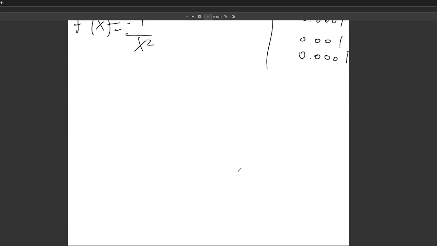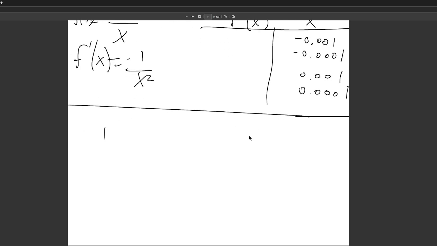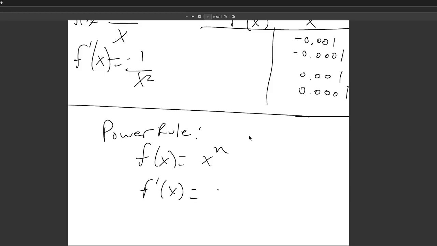Now I'm going to teach you the first shortcut. I think you already know the shortcut for the derivative of basic polynomials, just the power rule. To review, if you have something of the form x to the n, d dx of x to the n, or you can also write it as f of x equals x to the n and f prime of x equals d dx of x to the n.